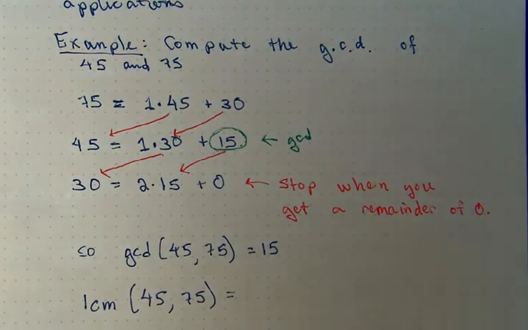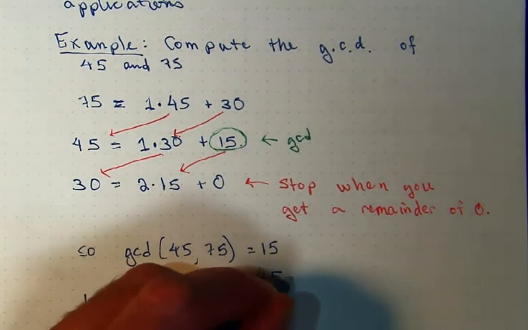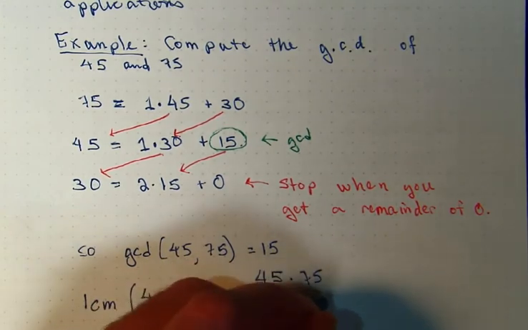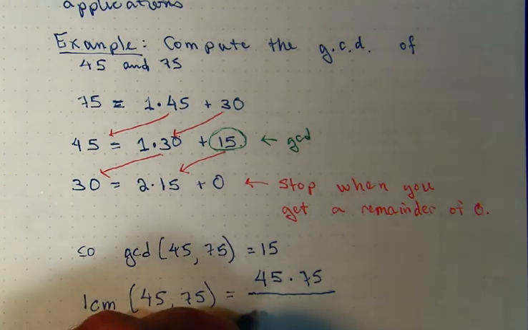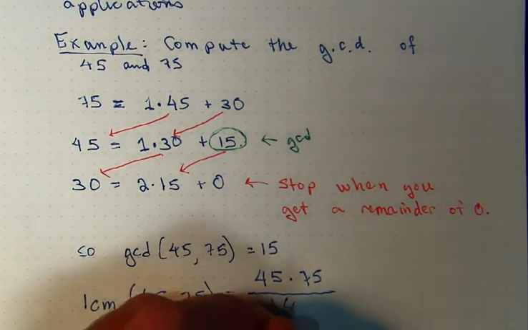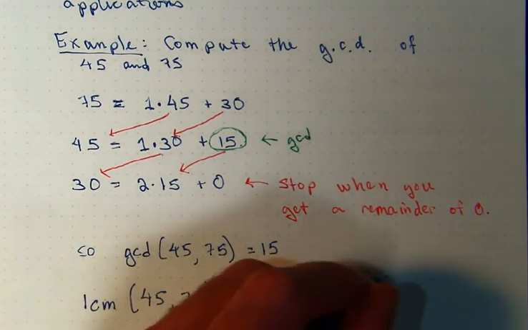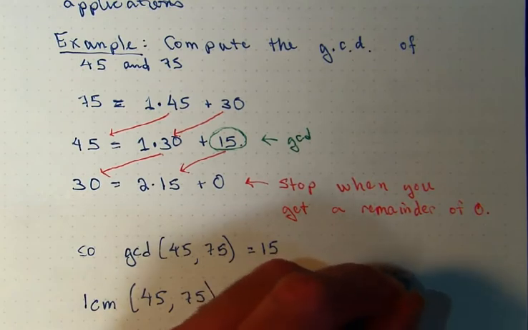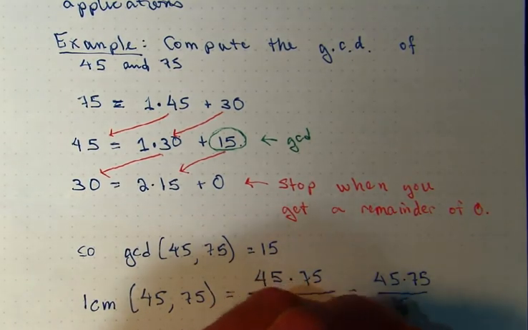And the way you can find your least common multiple is to do this. You take the product of the two numbers that you're looking to find the LCM for, and you divide that product by the GCD of those two numbers. So, since we know what that GCD is, in this case it's 15.